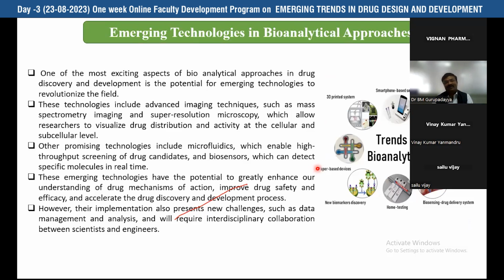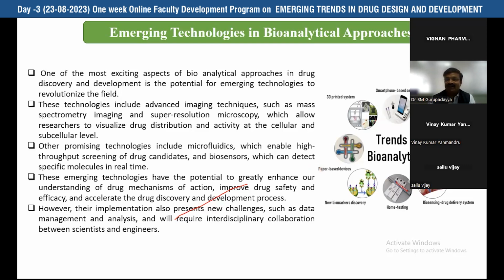Emerging technologies: what are the current or emerging technologies in the bioanalytical approaches which can improve the existing technology, or make it easier by adopting the different trends that are available now?